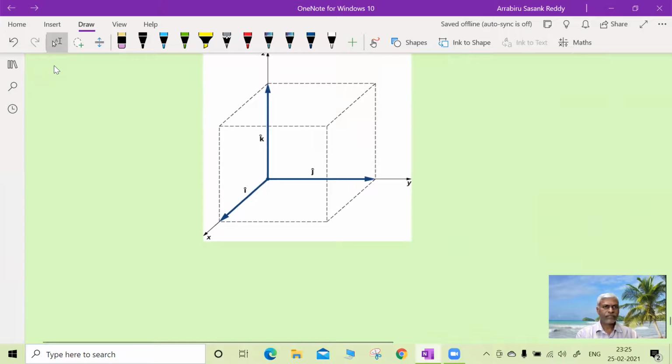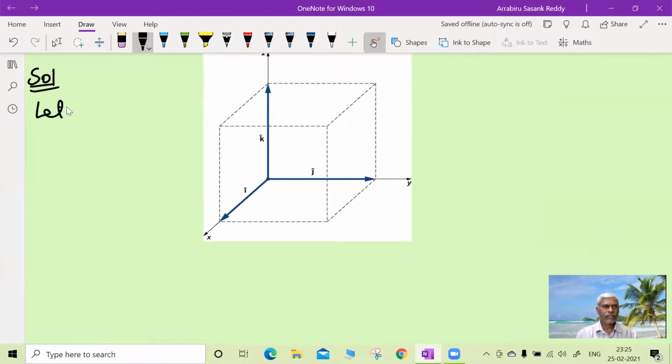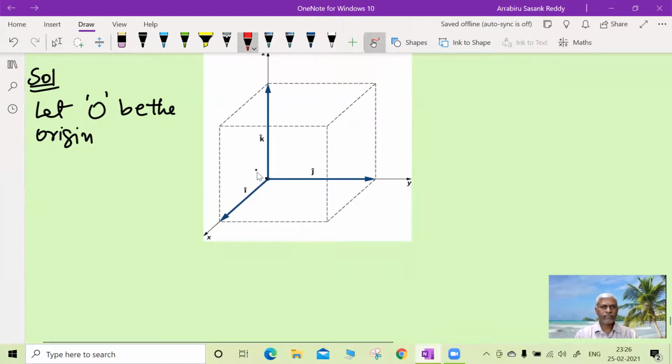Let O be the origin. So this point is O, and this is the x-axis.